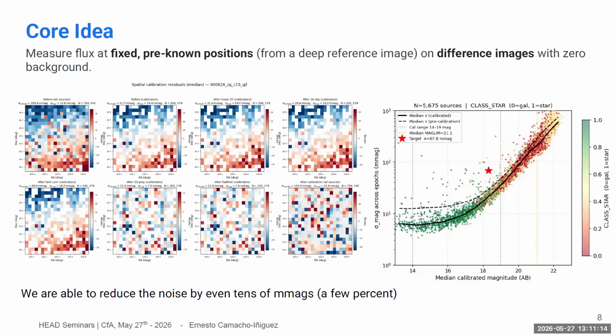And here in this right panel, you can see an improvement of the noise by a few percent. So we had noise given by the dashed line curve, and then we have an improvement given by the solid curve of a few or even tens of millimagnitude. And this is important because the variability that we want to measure is right about at that level.